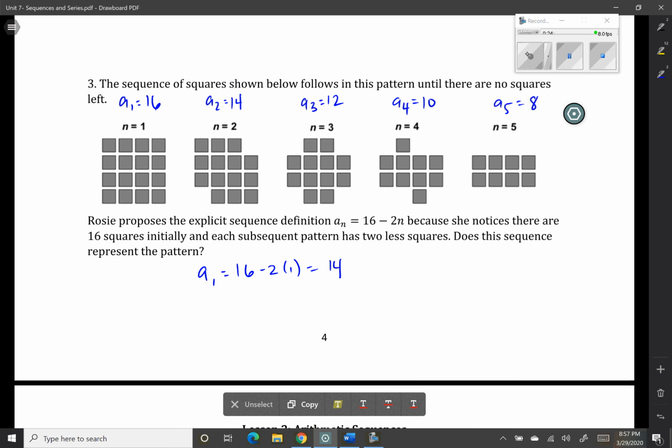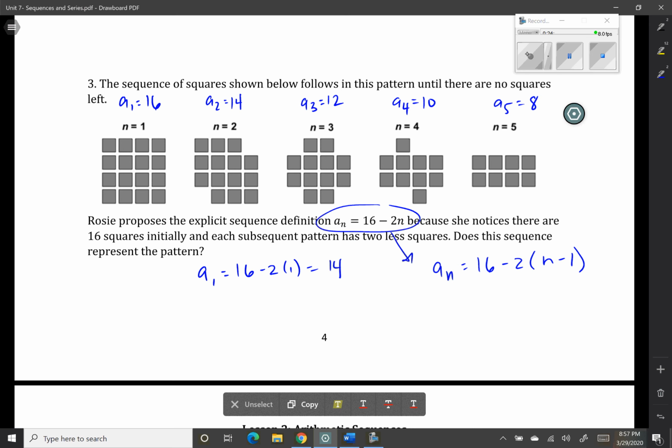So what we could talk about is how we could change Rosie's explicit formula so that it would work for this sequence. To change her formula to make it work, I can say A sub n is equal to 16 minus 2 times something. Now, the problem that we had with plugging in 1 is we actually subtracted 2. I want to subtract nothing, so I'd say n minus 1.